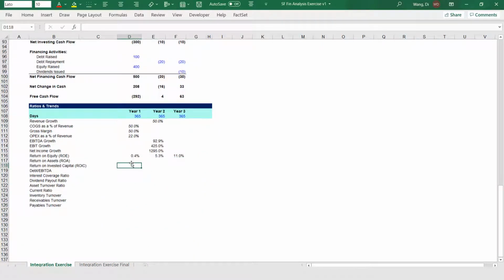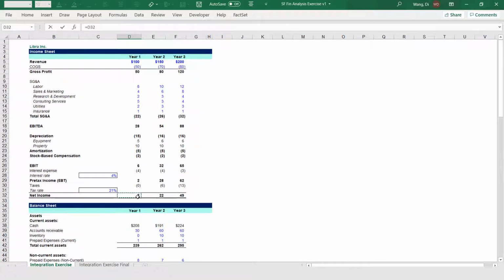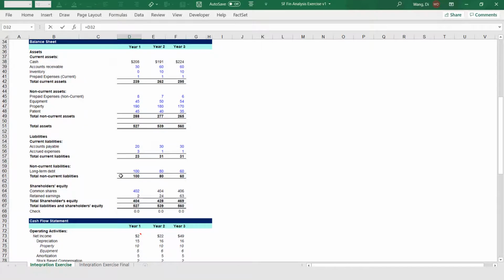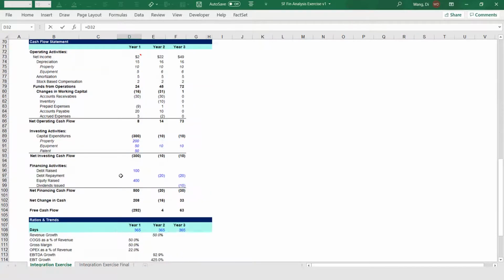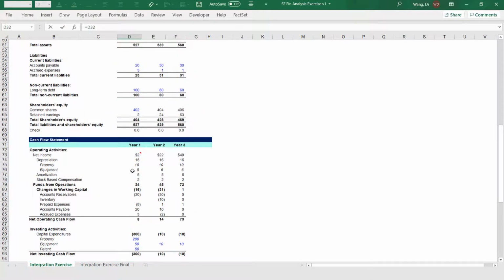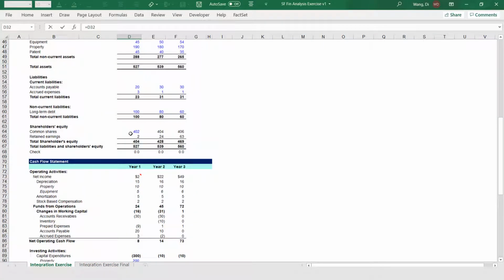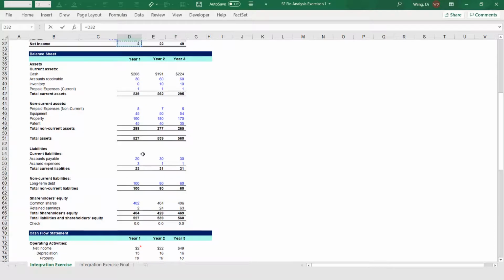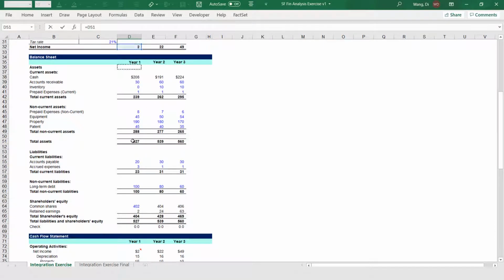Return on assets is calculated by taking net income and dividing it by average total assets. Similar to our return on equity, since in year 1 we don't have an average total assets, we are just going to be taking the ending total assets from year 1. So total assets, net income divided by our total assets number right here, 527.